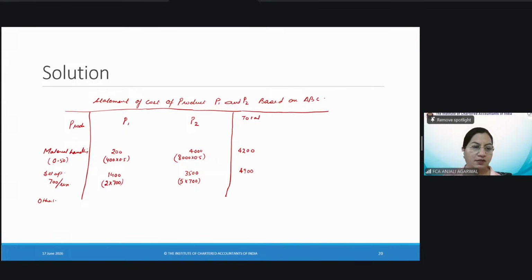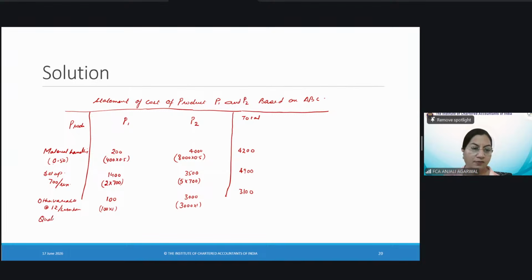Other variable costs at the rate of 1 rupee per labor hour, so 100 into 1 and 3,000 into 1. So 3,100 is the other variable cost.